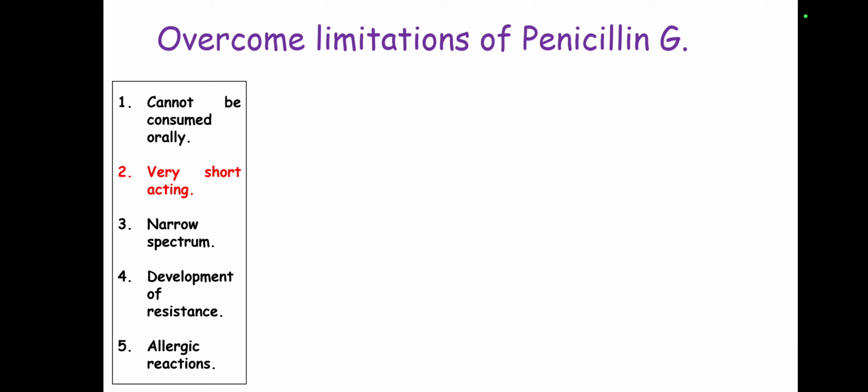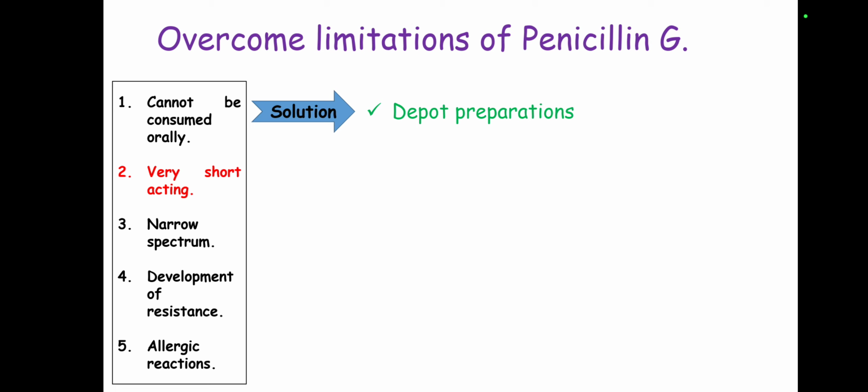We have another method by which we can increase the duration of action of penicillin, and this can be done by making a special preparation known as a depot preparation. Depot preparation means the drug will be deposited somewhere.